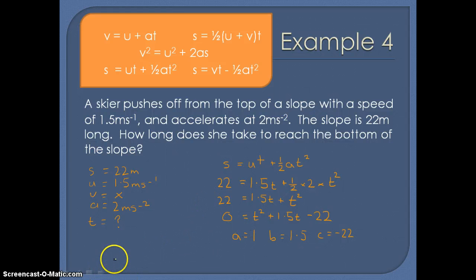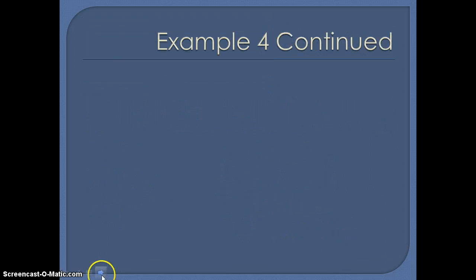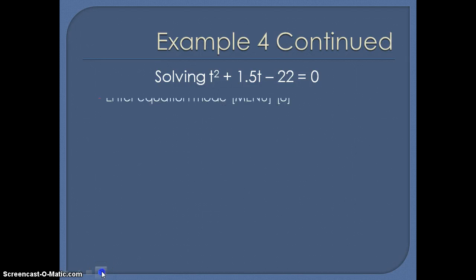There is a slightly better method available to yourselves if you've got one of the graphical display calculators. So if you have got a graphical display calculator, you can use it to solve a quadratic equation for you. And this is a valid method for the exam, as long as you try and show your working out accurately. So if you'd like to solve it using a graphical calculator, first you need to enter the equation mode.